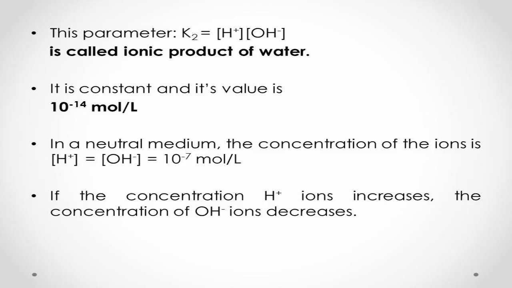Accordingly, if the concentration of H plus ions increases, the concentration of OH minus ions decreases, and vice versa. And therefore, if H plus ions prevail, we have an acidic medium, and if OH minus ions prevail, it is an alkaline or basic medium.